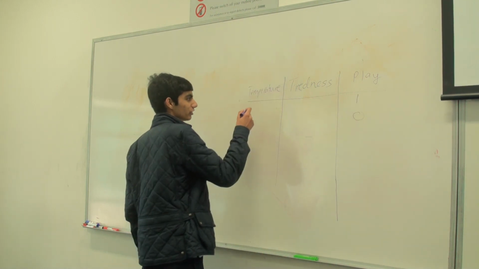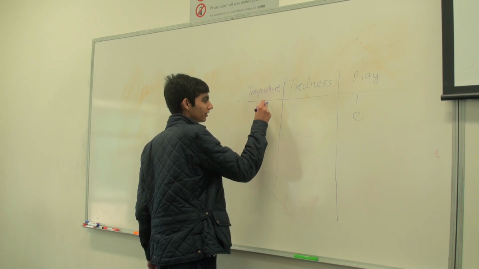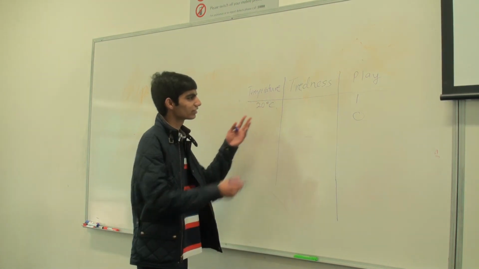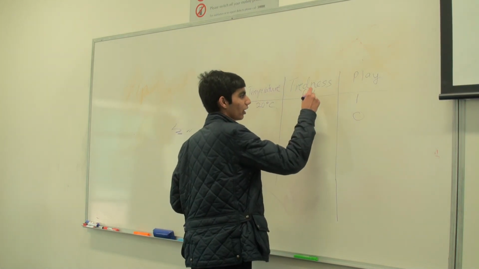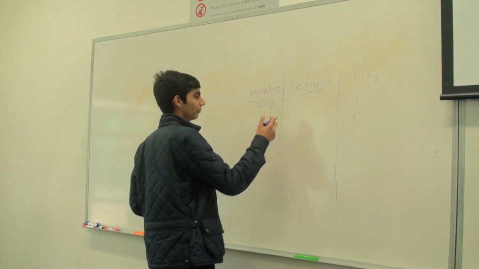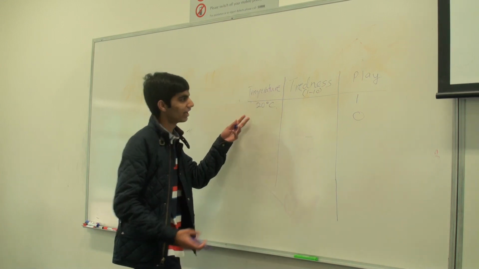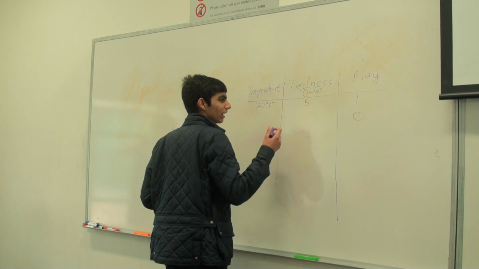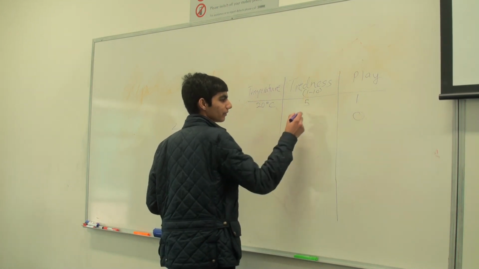So let's say the temperature is 20 degrees Celsius and tiredness, let's mark this on a scale of 1 to 10, is 5, so like half. And if that's the case, we play.